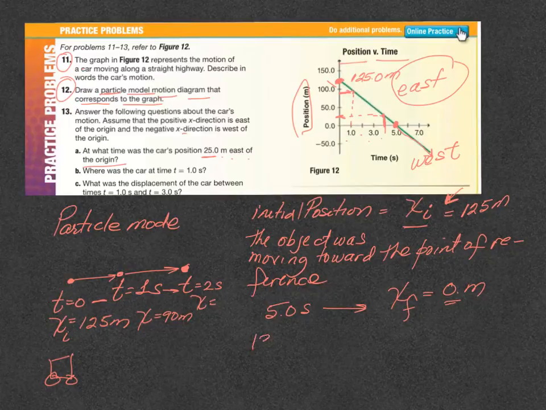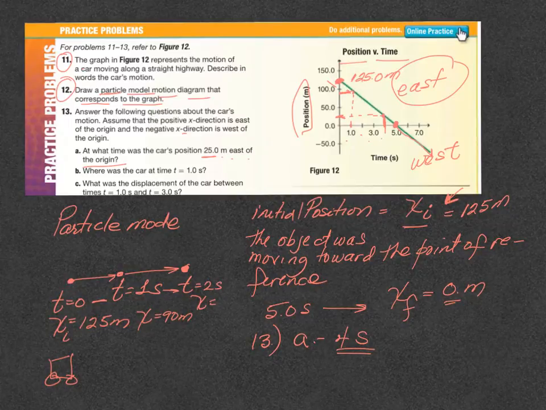Okay, so for 13, A, after 4 seconds, because over here in seconds, my car was 25 meters east of the origin. See that? Where was the car at time equal 1 second? Do the same. See? And we did that.